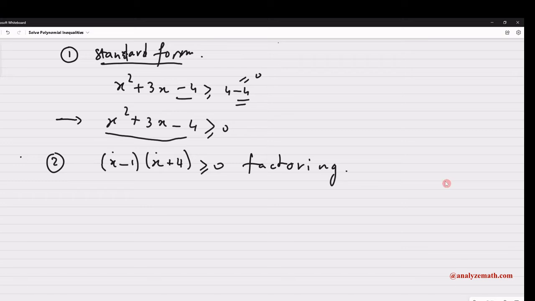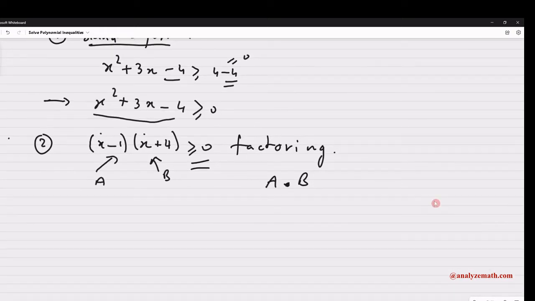Now once you have factored, things become easier, because what we are going to do is analyze the sign of x − 1, which we call a, and this one we call b. So a multiplied by b. If you know the sign of a and b, you can find the sign of the product and therefore solve the inequality, because what we are looking for is where the product is greater than or equal to 0.